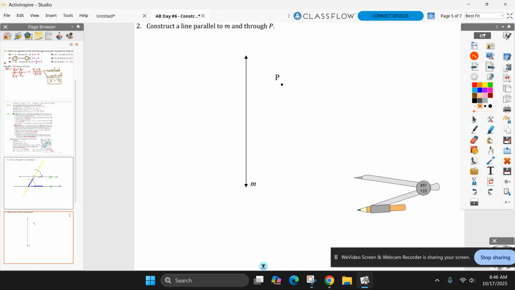Draw your transversal first. Then take your colored pencil and highlight the angle you are going to copy up on the ray. And then I'll come around and help anybody that needs help here.